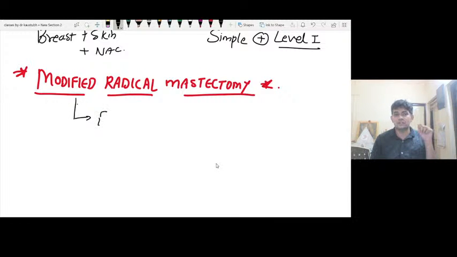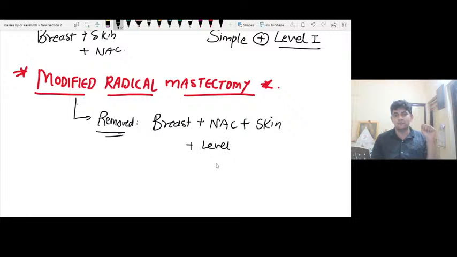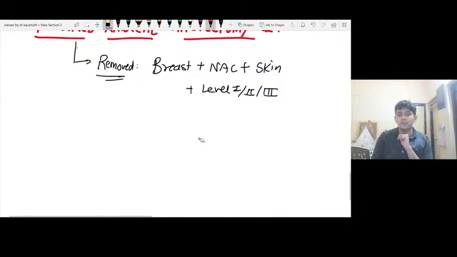The structures that are removed are breast, nipple areola complex, skin over the breast and nipple areola complex, along with level 1, 2, 3, plus you are going to preserve certain things. So basically just removed are breast, nipple areola complex, skin, level 1, 2 and 3.